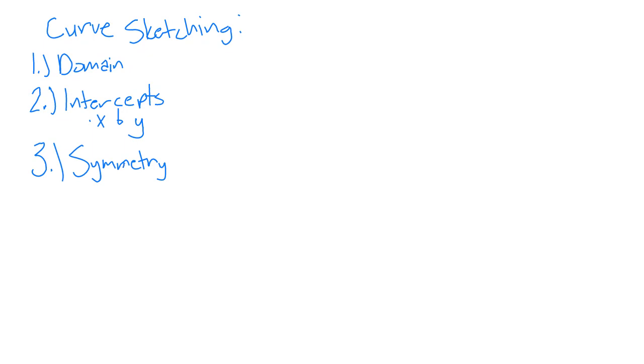All right, so symmetry. There are three main types of symmetry we can look at. Well, really two types and another sort of related but a little different, but we'll go over that when we get there. The first type is even symmetry, when our function can be reflected across the y-axis.